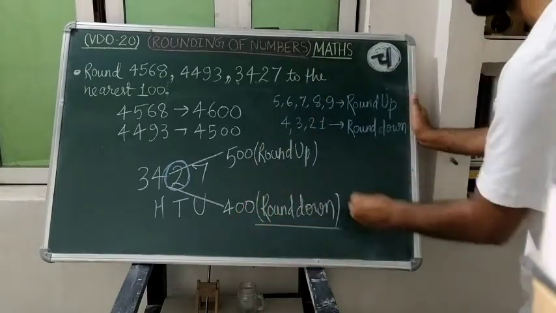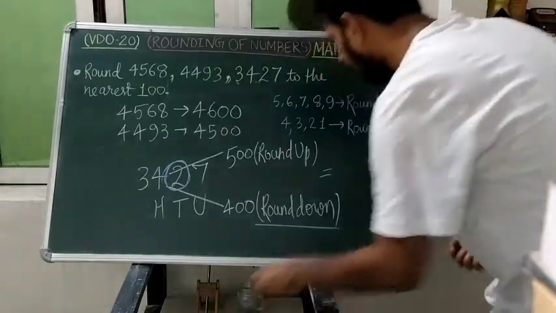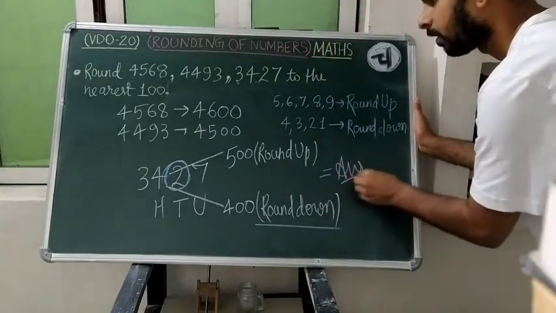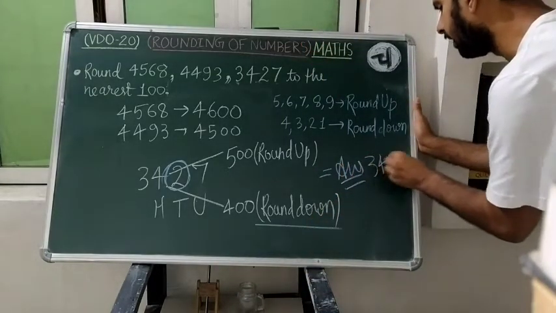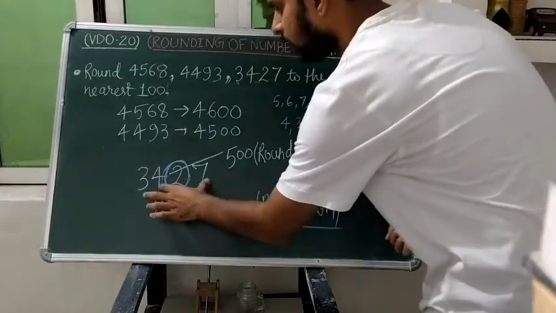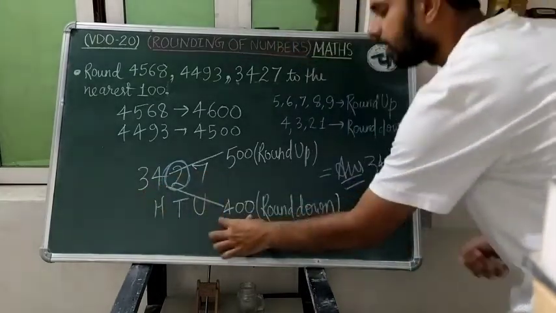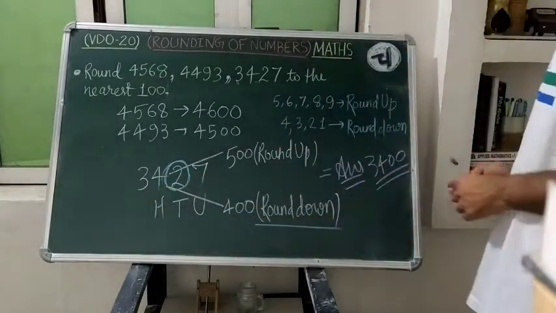The meaning is that our answer will be 3400. At the place of 427 we will write 400.